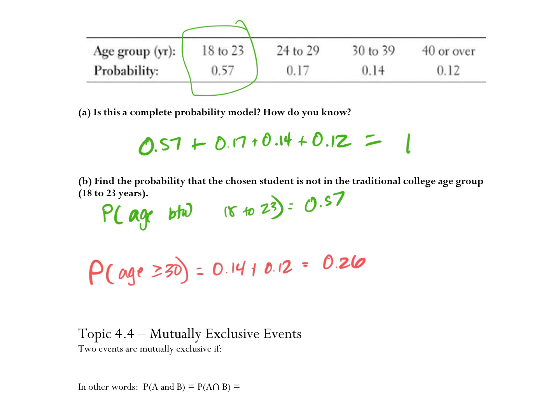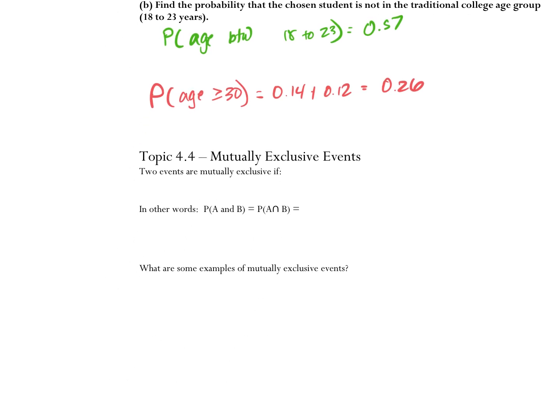So we call two events mutually exclusive if they cannot occur at the same time. And the probability of what we call their intersection would have to be 0. The probability of the and question.